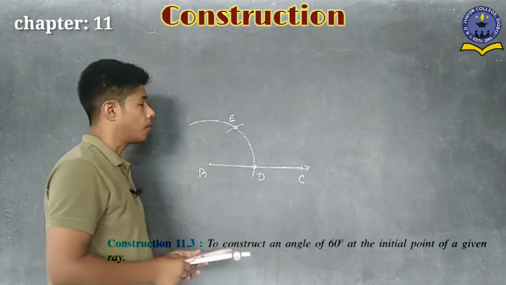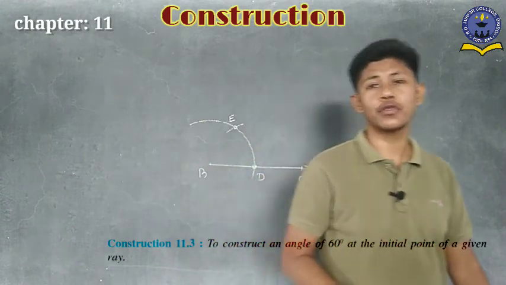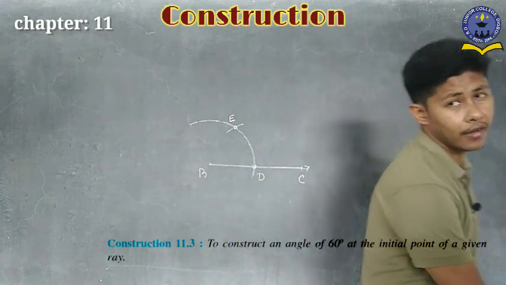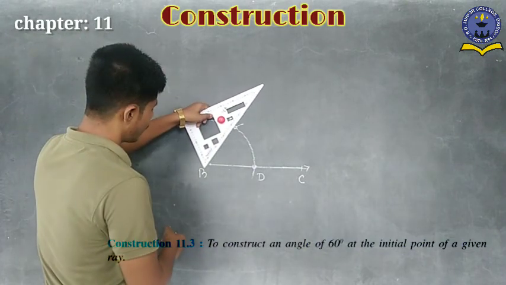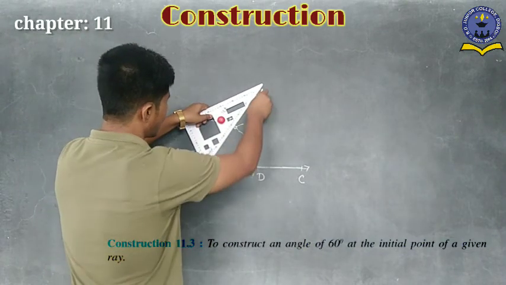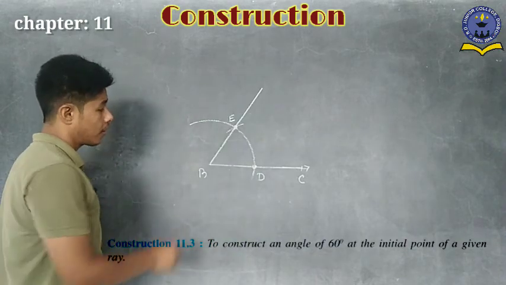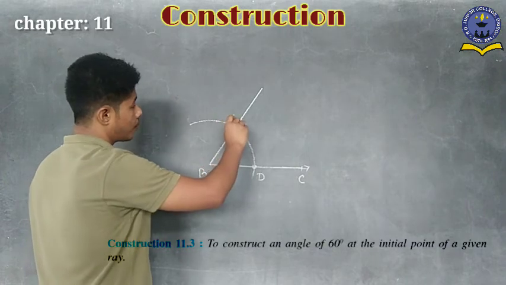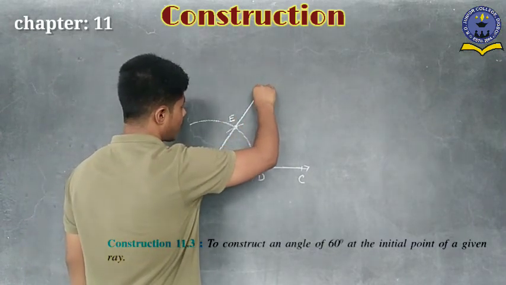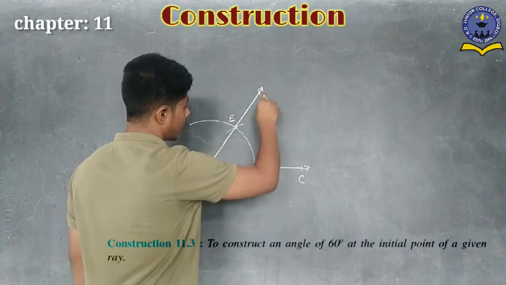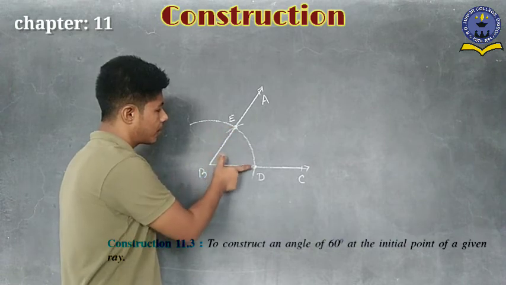Okay, now from B we join E and increase the line. If we join B, E, the line we get in this way we represent by A. Now with the help of a protractor, we measure this angle.